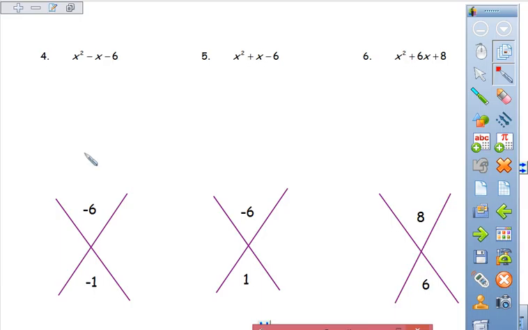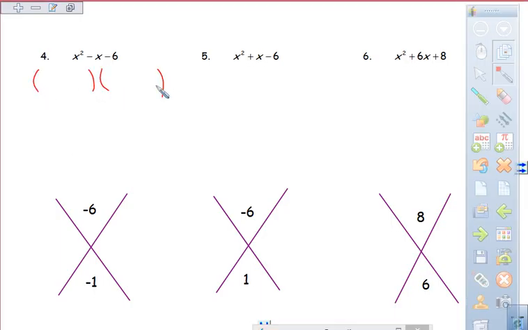Going on to number 4. We know our answer is going to be a binomial, so we can at least get that part started. So x times x is the only way I can get x squared. Factors of 6: 6 and 1, 3 and 2. So in our heads, we're thinking what multiplies to give me negative 6, and what adds to give me negative 1.